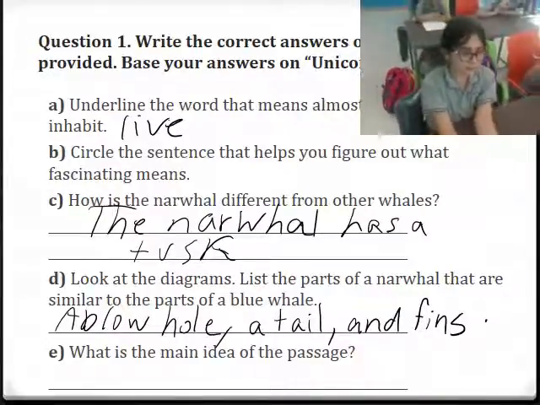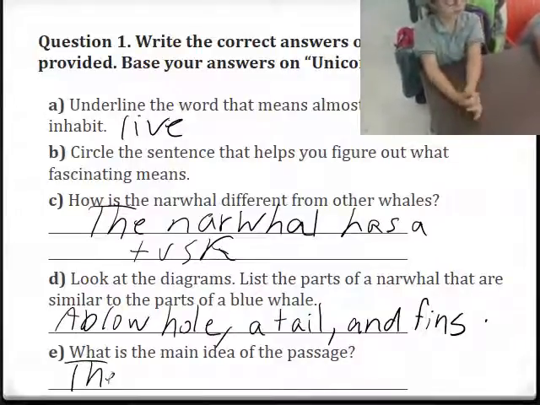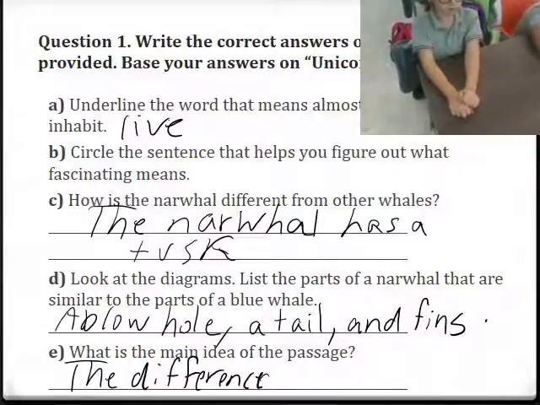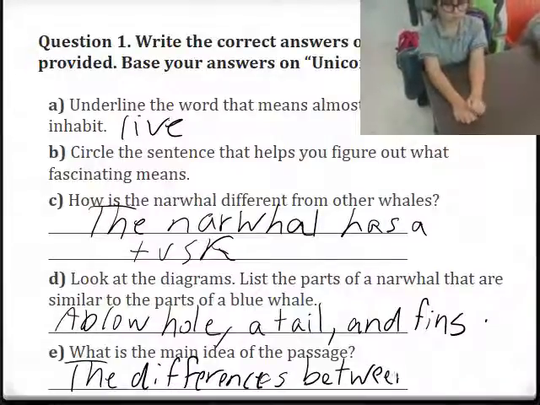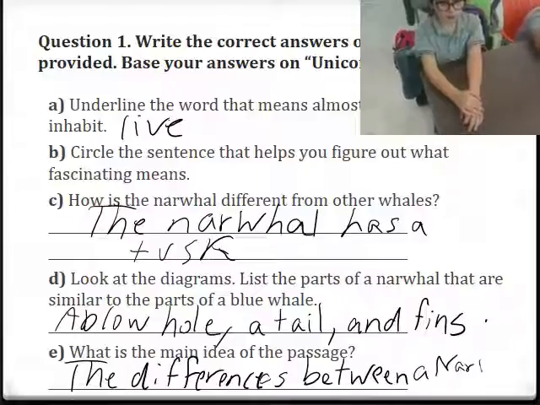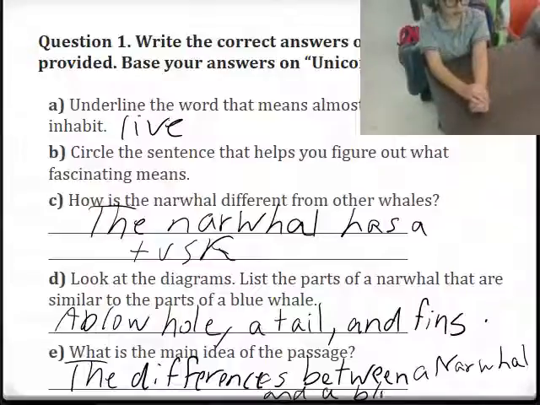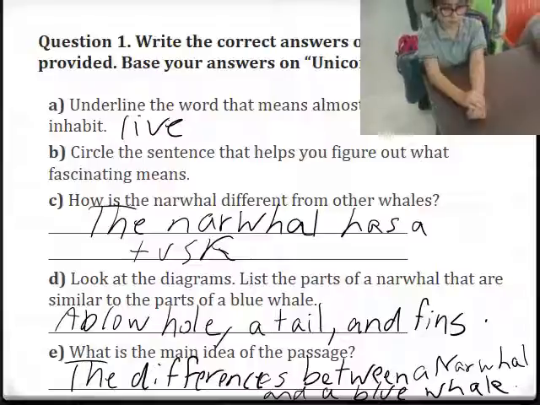Okay, so we get to know the differences between a narwhal and a blue whale. Very good.